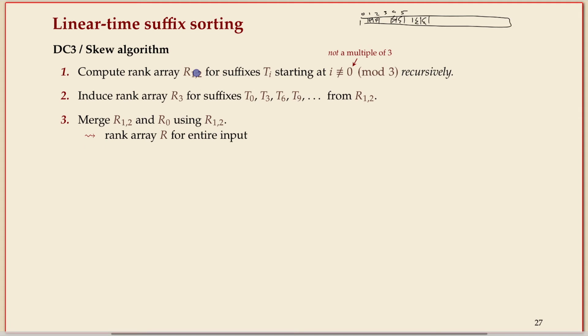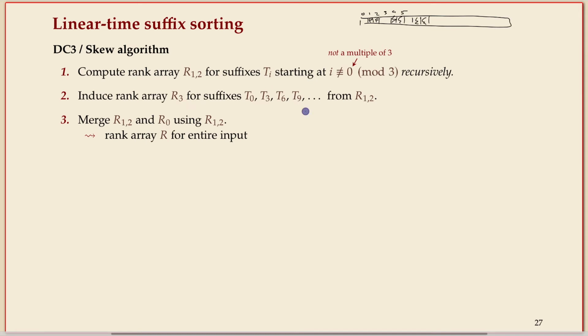So I'll abbreviate with R12, the rank array for this subset of suffixes, those that start at these positions, and then R3 is those that start at multiples of 3. Could have called it R0, but it's the same modulo 3, I guess. And so it turns out you can induce this rank array R3 from the other one, and we'll see how.